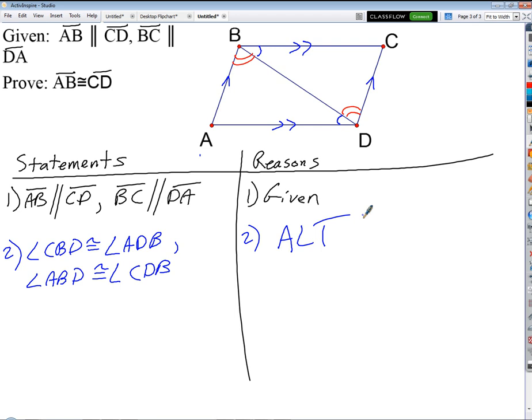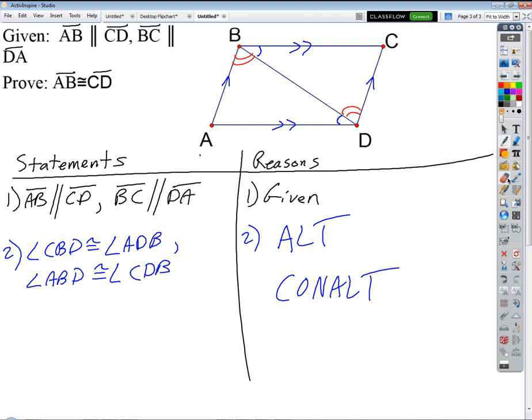And that stands for any one of those. We just assume they all basically do the same thing. And if you're doing the converses, you would write those as CONALT. It's different, but typically, when you get to college and the proofs get a little harder, we can agree on some shortcuts. We're not gonna do it here, though.